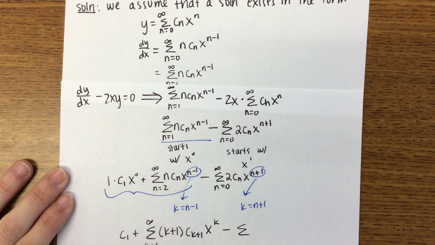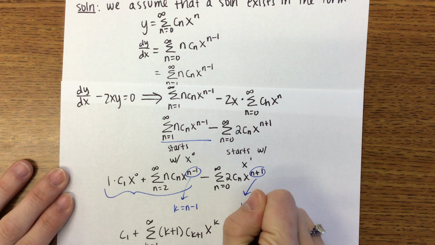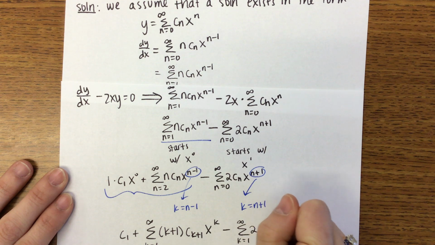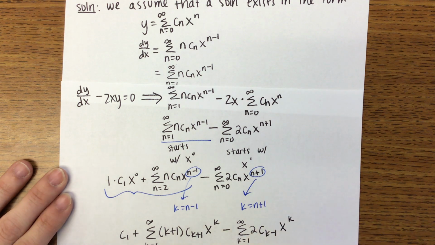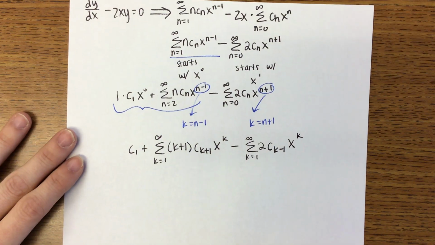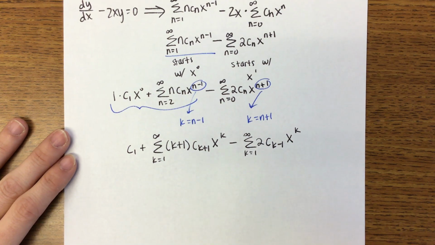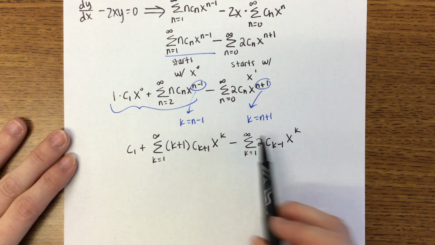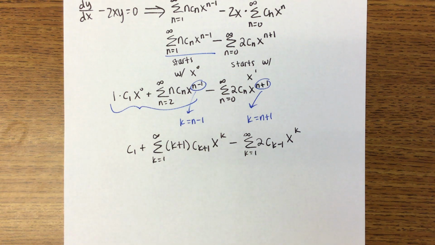Then for this second summation, if I plug in n equals 0, I go from k equals 1 to infinity. n then is k minus 1, so I have 2c_(k-1), x to the k. Now this is looking a lot more helpful. Both of my summations are in terms of k, and they have the same starting and ending points, so we can put those together.